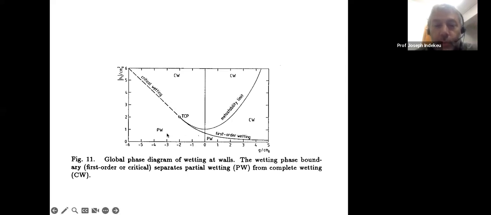We can also do this perhaps along here, and then we would be crossing the first order wetting boundary. And remember, the first order wetting boundary permits one to also study a metastable state. And the metastable state will continue to exist until we reach this metastability limit at which delta sigma star stops to exist altogether.